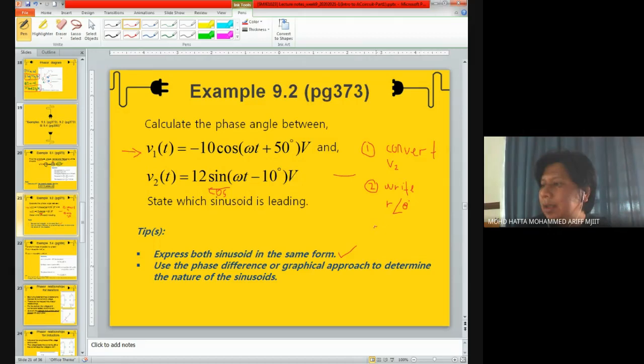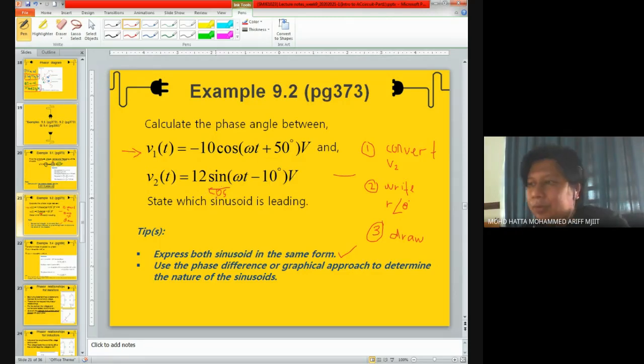And later on, number 3, let's draw. Maybe I erase this first. I just wrote the keyword over here, and I will explain later on. First, you need to convert this into cos.